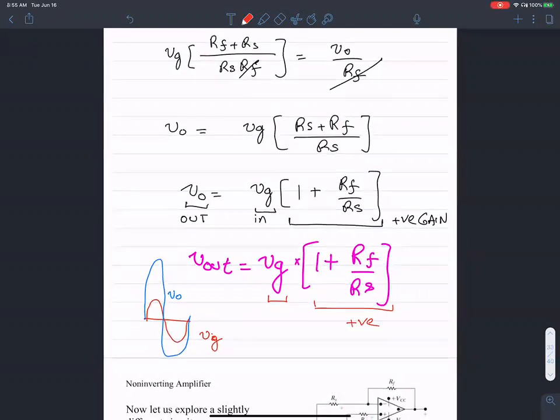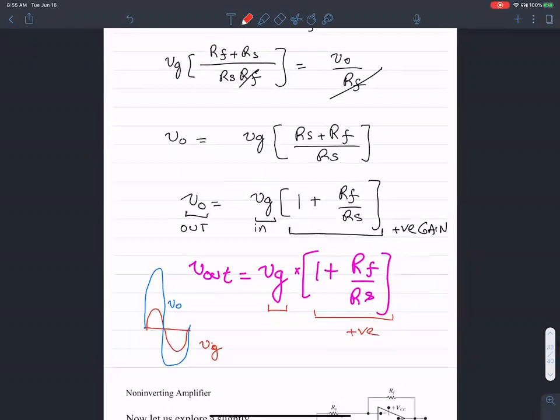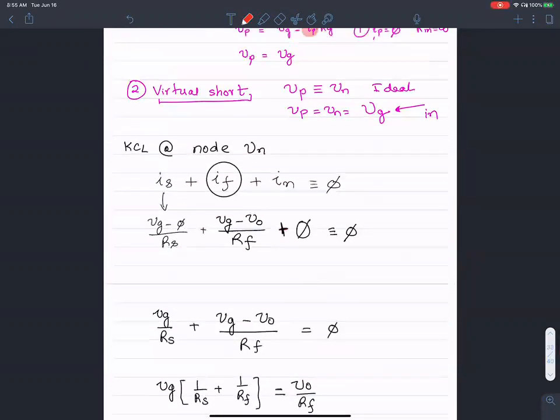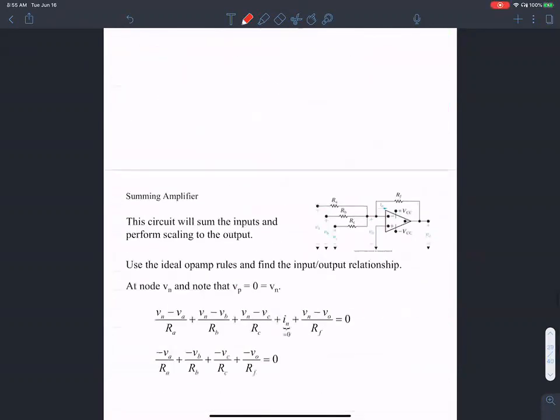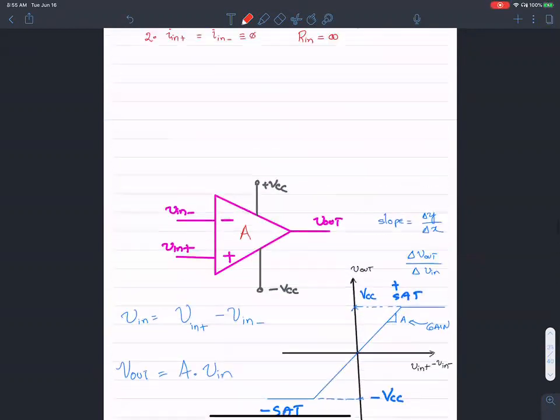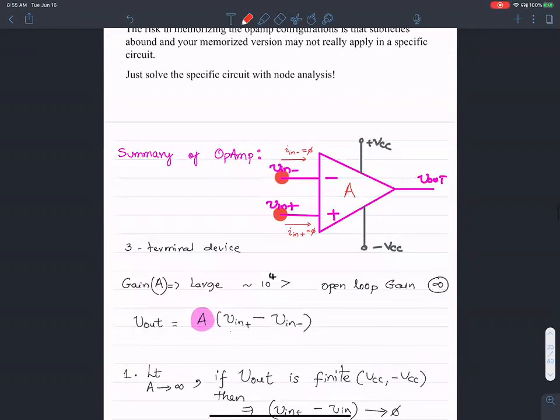Okay, so let me summarize. Let me go back to the summary page and add my conclusions to the summary page. Op-amp summary. Where is that guy? Op-amp summary, page 1. Okay, and I'm going to copy this simply.